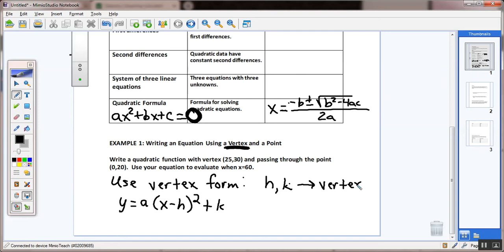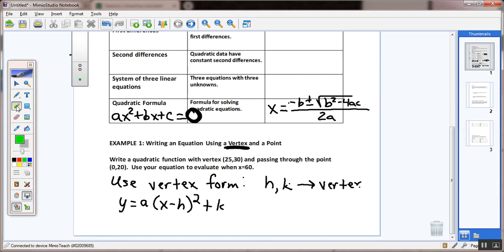So what you're asked to do here, guys, is write an equation that would go through these points. Be a vertex at 25, 30, and then pass through a point 0, what? So write a quadratic function with the vertex 25, 30, and passing through which point, kids? 0. All right, here's how this works.